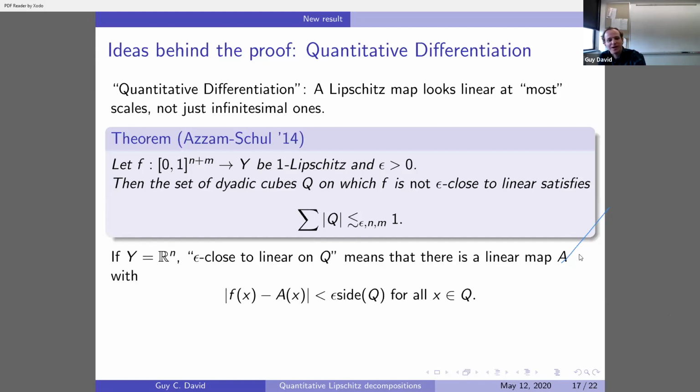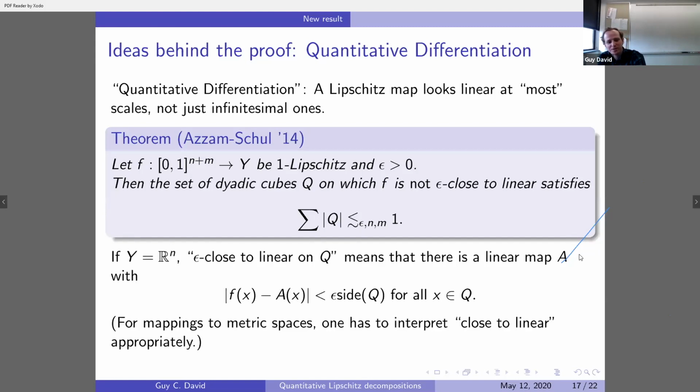All right, so I said you can map into a metric space, so I'm just going to brush over this. Of course, if you map into a metric space, there's no notion of linear map anymore that you can be close to. There is a way to interpret this appropriately. This is an idea that goes back to Kirchheim, which is you replace linear maps by looking at semi-norms on the domain that approximate the pullback of the distance.